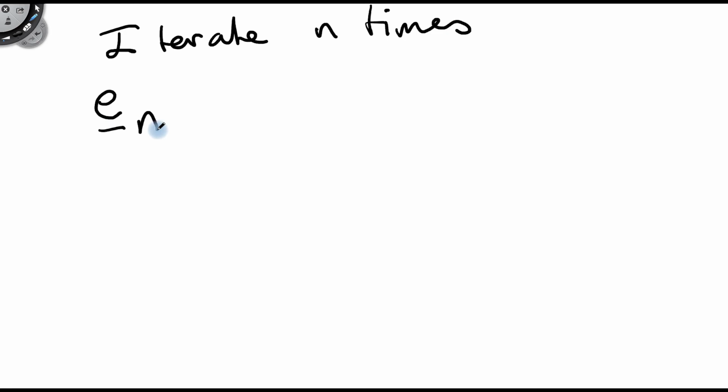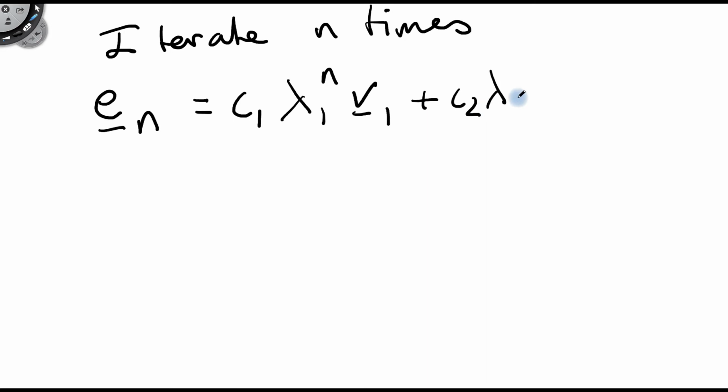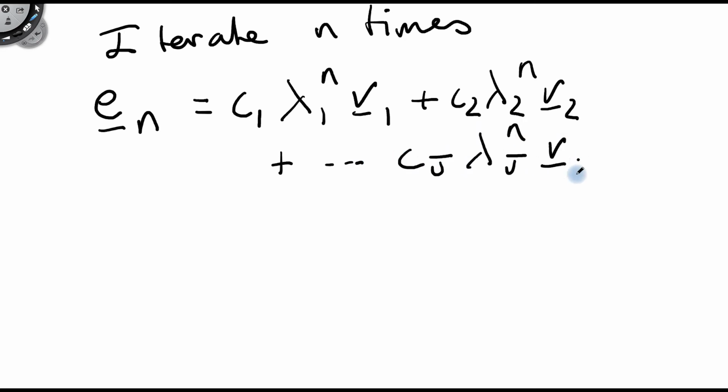We iterate n times, and our nth error vector is c1 lambda 1 to the n b1, plus c2 lambda 2 to the n b2, plus cj lambda j to the n bj.